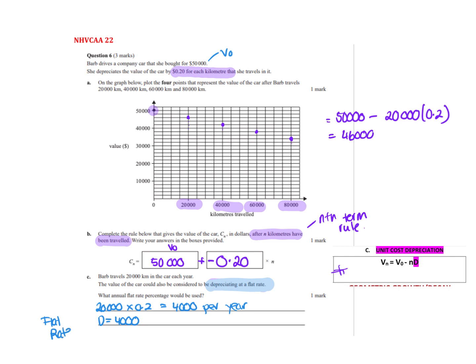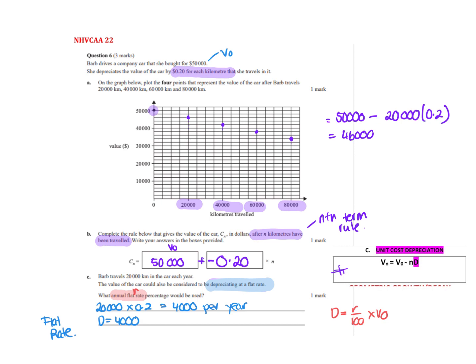Okay? So you want to know, and the question is actually asking you for the annual flat rate. So that is actually your R value. So if you go and use your formula, I'm just going to do it over here. So D equals R over 100 times VO. You could go and work that out.